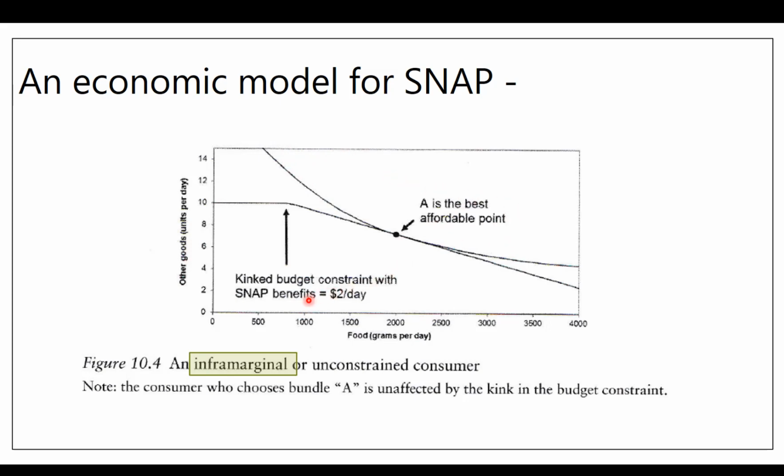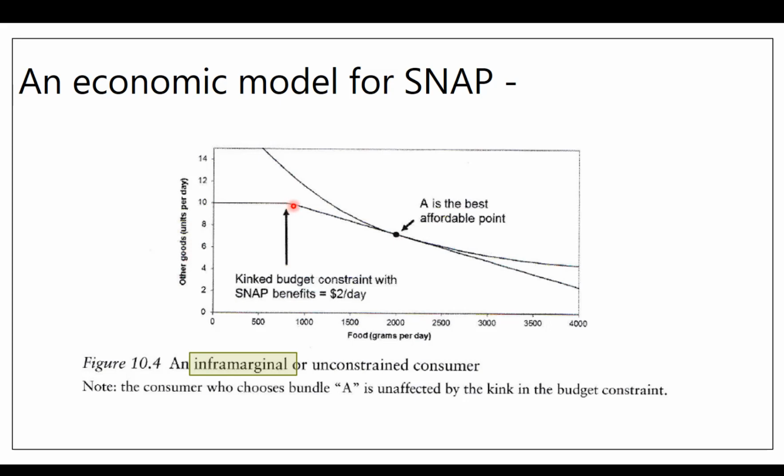And so the effect of the SNAP benefit, right? This is a targeted transfer. The money is given to you, but the money is only of use to spend on this category down here. It can't be used on this, right? So it's not a pure income transfer, it's a targeted transfer. And so what is the effect of that?